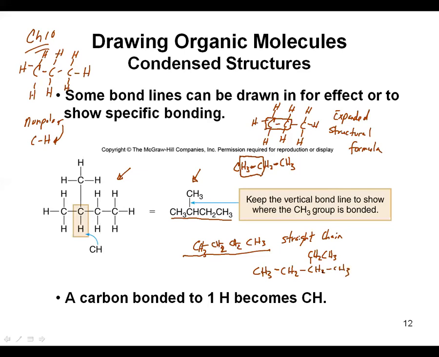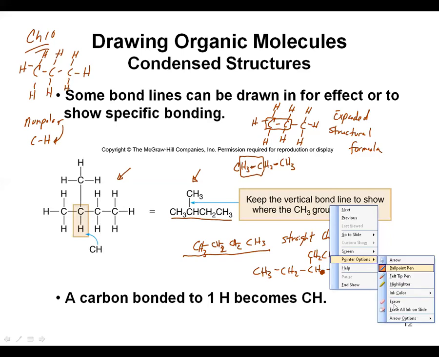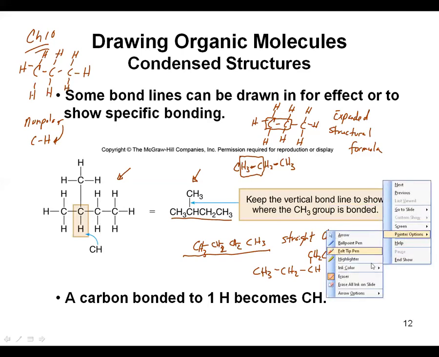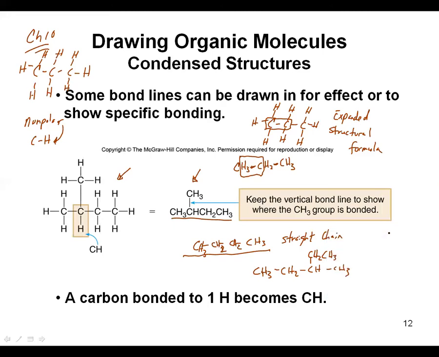Oops, just a CH. Get rid of that. So you'll get this main chain, and then you'll have the branches come off, kind of like on a tree. And that's what's sometimes referred to as a branch chain.